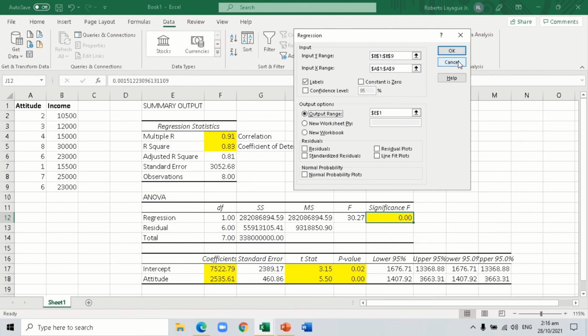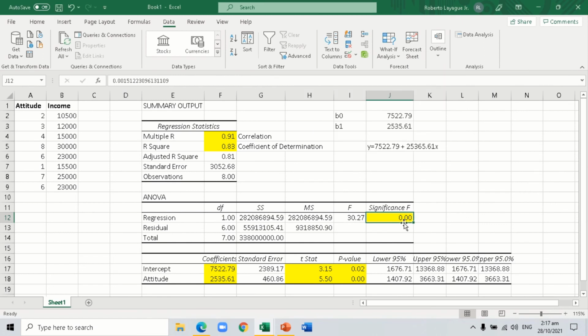Therefore, it is significant, and we could say that the attitude is a predictor for the income. That's how you look at which one we have, a predictor and a model. So that's how you look at a linear regression.